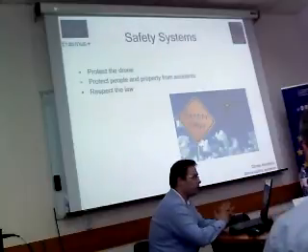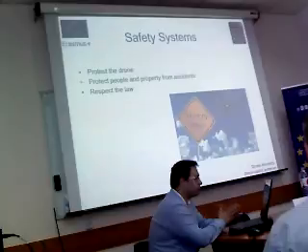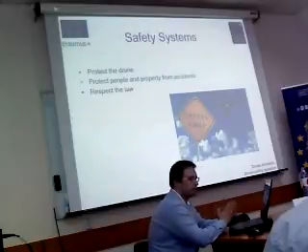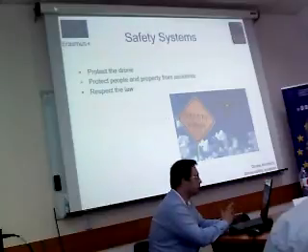I'm not going to talk about any regulations and stuff like that, but I will try to show you what are actually the hardware and software ways to make that flight really be safer, more safe. Okay?